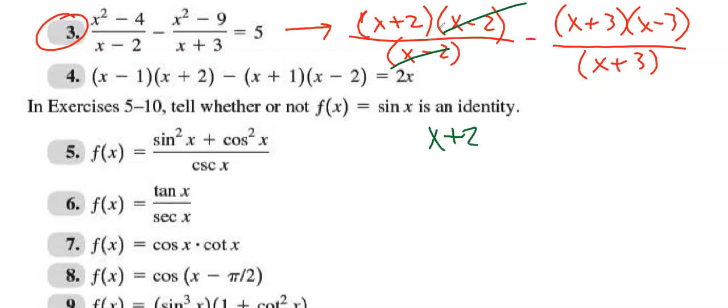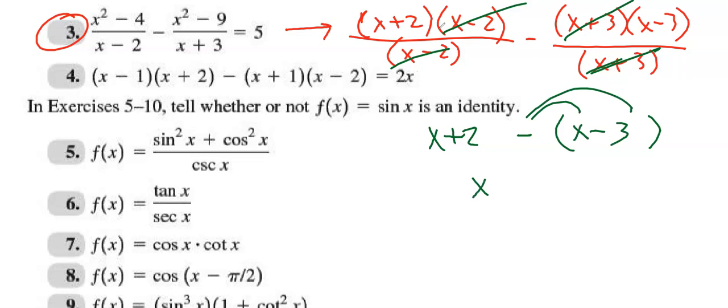So that left you with x plus 2 on the left side, minus, and then over here you got rid of the x plus 3's, and that left you with x minus 3, and then you could distribute the negative. x plus 2 minus x plus 3. And so you ended up with those dropping out and getting 5. So lots of you did well on that.